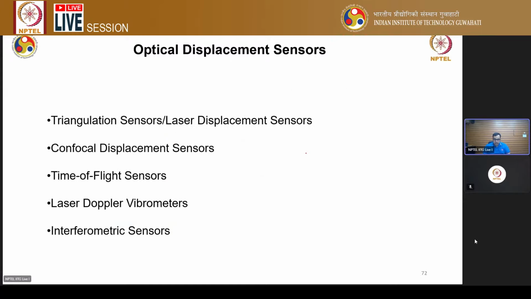We have seen a number of optical displacement sensors: laser displacement sensor, confocal displacement sensor, time of flight sensor, laser Doppler vibrometers, and interferometric sensor. I will just take the first one as an example, the laser displacement sensor.